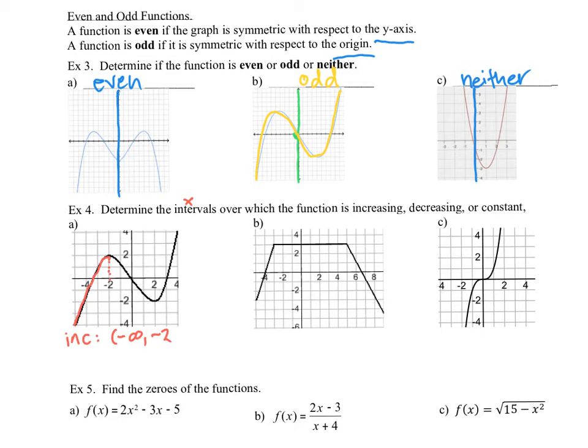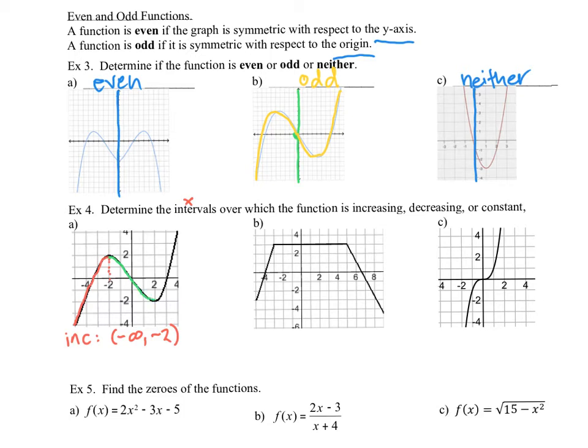Now, for increasing and decreasing in constant intervals, I use a parenthesis to not include the -2, because at -2, it's kind of going uphill and it's kind of going downhill, so it cannot be strictly increasing or decreasing at that point. Okay, I'm going to continue analyzing this graph. So from x equals -2, if I follow the graph, now it's going downhill. So the y values are decreasing.